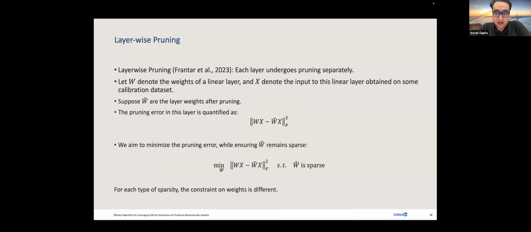So one of the most standard approaches people use for pruning is layer-wise pruning, where we prune each layer separately. Let us first introduce some notation. Let's say we have a linear layer. Let W denote the weights of this layer, and let X be the activation inputs to this layer. The output of this layer will be W times X, and then the nonlinear activation.